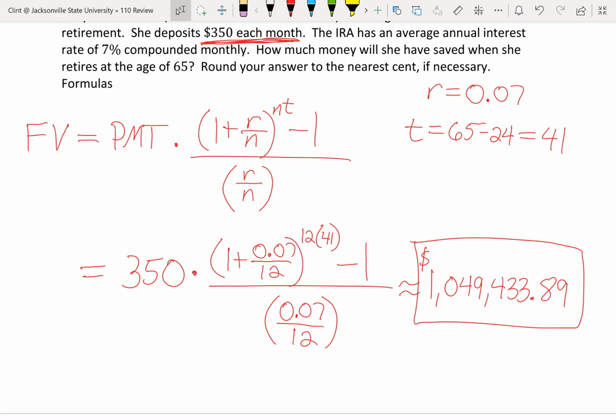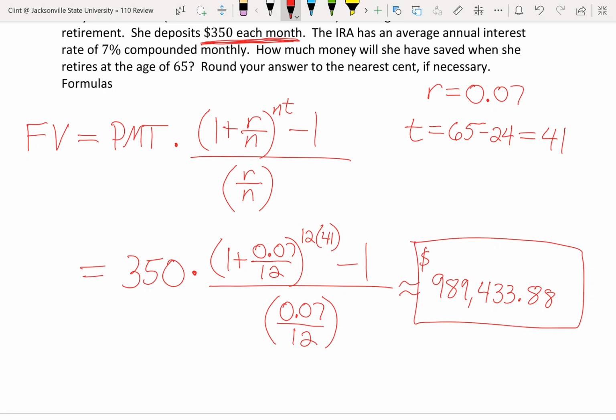I forgot to do the minus 1 on the top. Hang on, this is going to be a little smaller. I forgot this piece. On top, I get 16.49, then divided by... Not quite as rich. Not quite a millionaire. $989,433.88. Is that what you got?